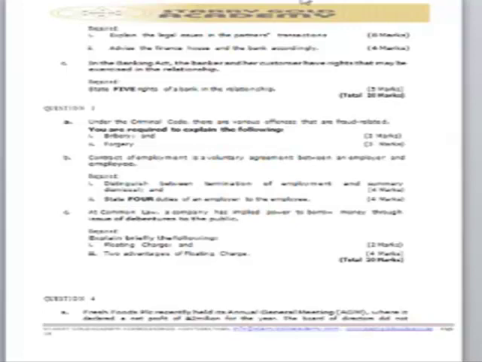But what makes the difference is the procedure. Summary dismissal is where you tell an employee to stop working now, immediately. But termination may not be summary dismissal. Every summary dismissal is termination, but not every termination is summary dismissal.